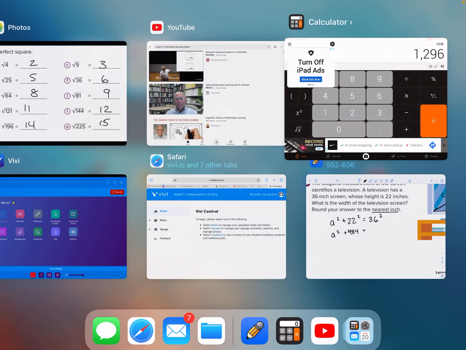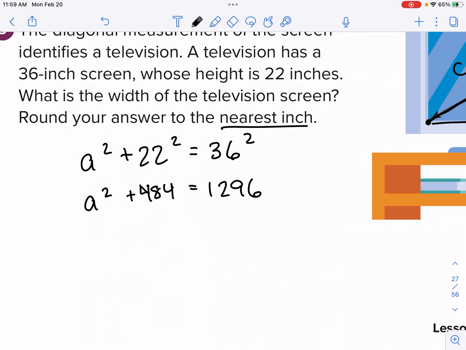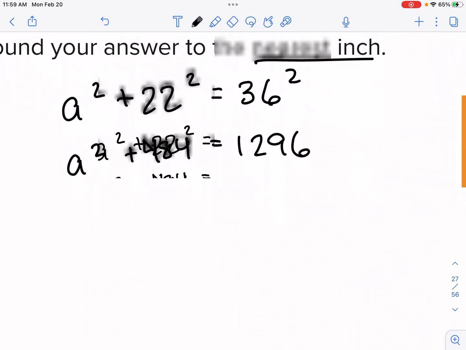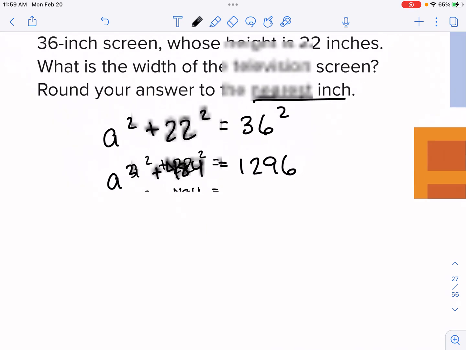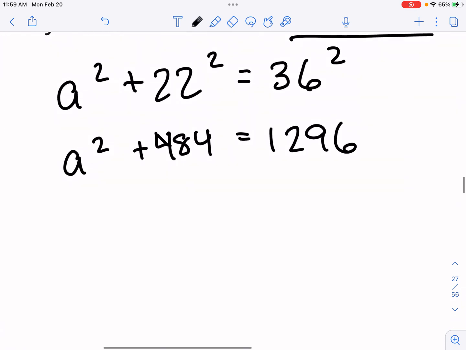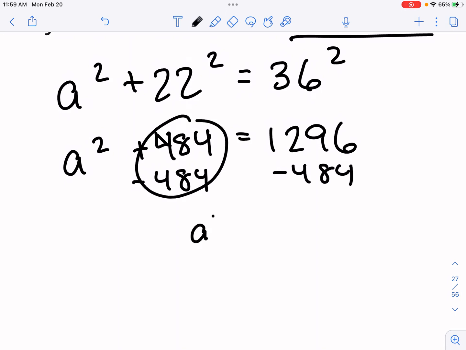And when you solve a problem like this, we're trying to isolate for A, so we're going to subtract 484 from both sides. We're going to get A squared is equal to 812.